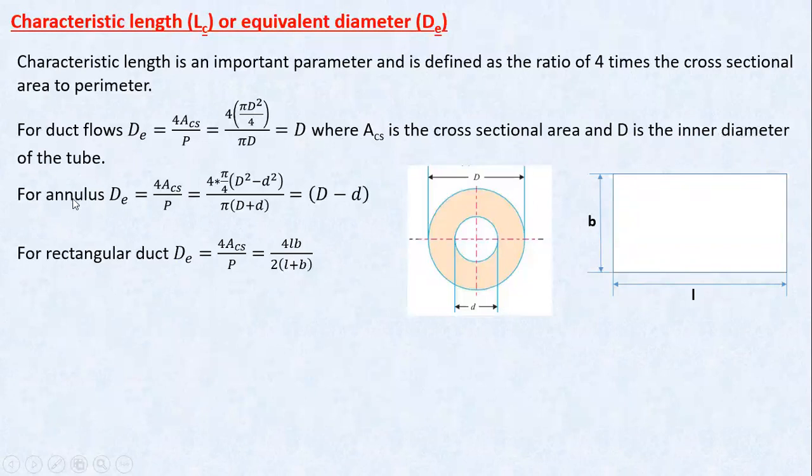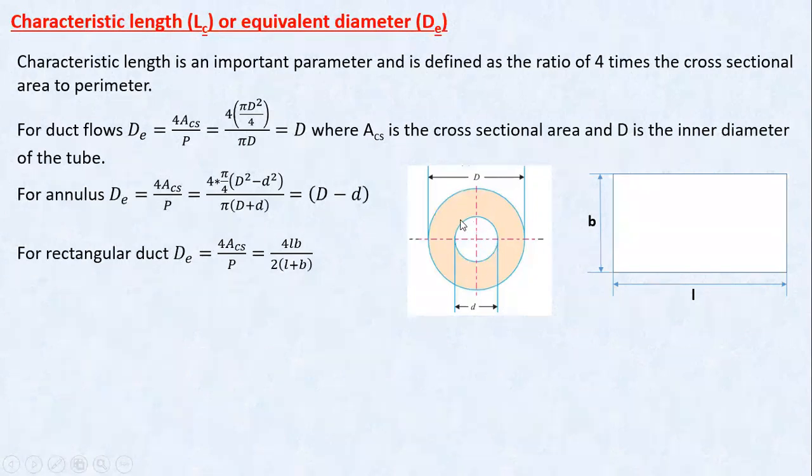For annulus flows, where the fluid is flowing between the two concentric cylinders, D is again given as 4 ACS by P. That means 4 into the area between the two cylinders, that is pi by 4 into capital D square minus small d square, divided by the perimeter.